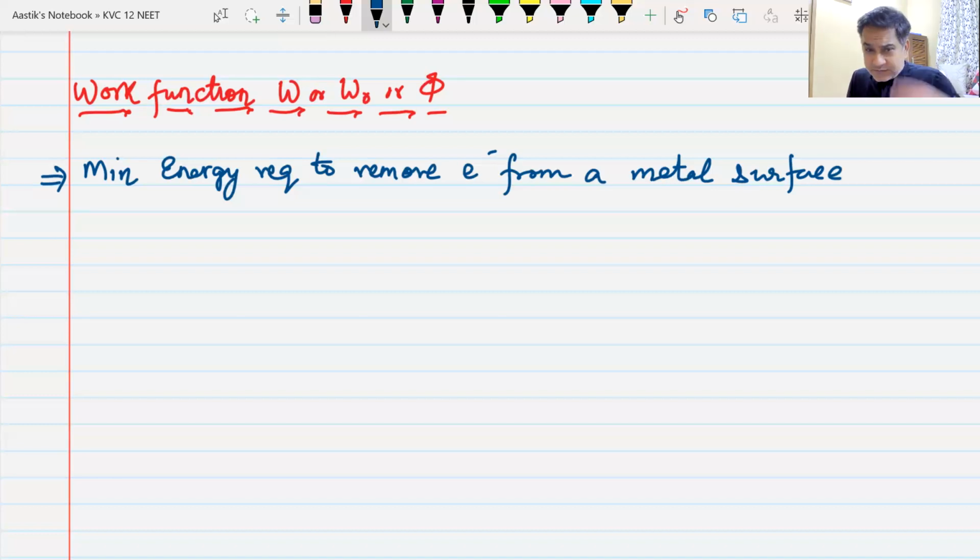Now we talked about minimum energy. So this minimum energy is the work function. We also talked about a suitable wavelength. Comes the next heading. What would be the next heading? Threshold frequency.